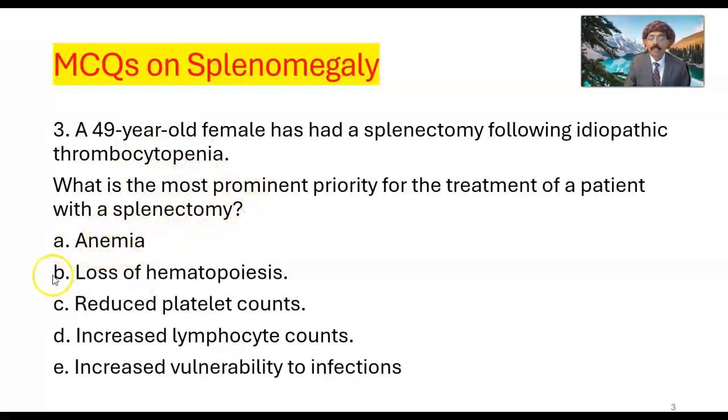Anemia, loss of hematopoiesis, reduced platelet count, increased lymphocyte count, increased vulnerability to infection. Spleen has been taken out, and this patient is more vulnerable to infection. So answer should be E. E is the answer.